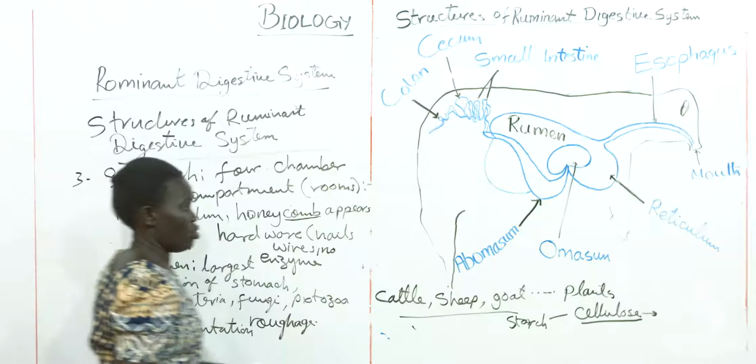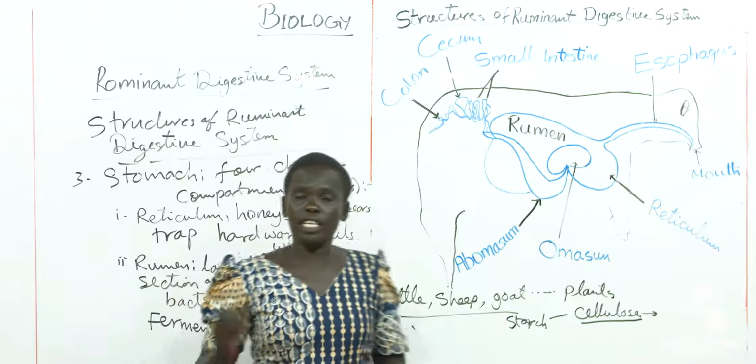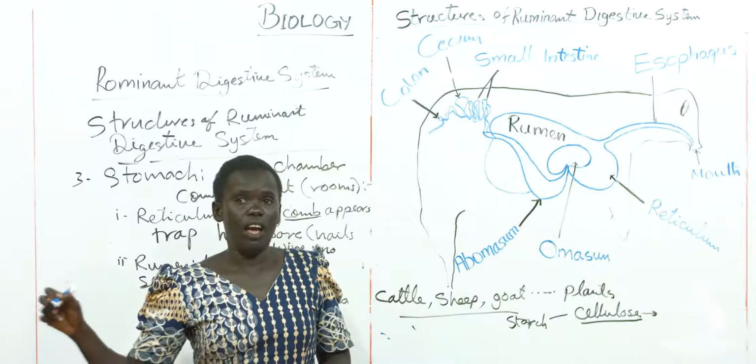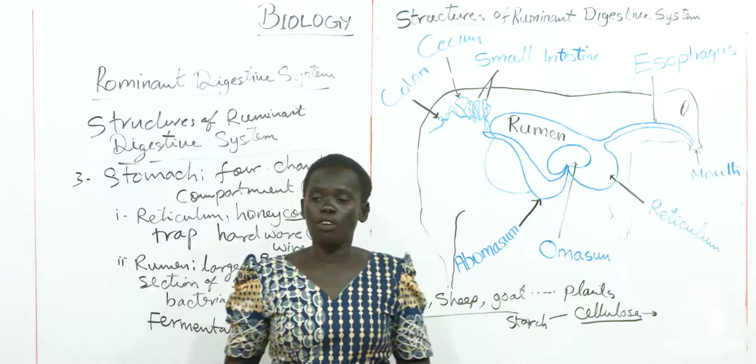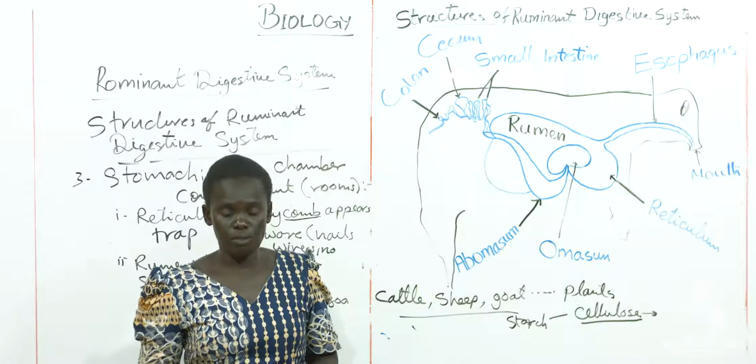So in fermentation, if this sugar or cellulose is fermented, the result will be alcohol plus water plus carbon dioxide. And this is the type of respiration that takes place in the absence of oxygen.